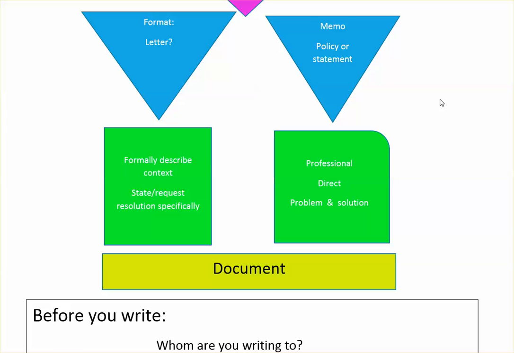It might be that what I really need to do is address my memo to everybody on the second shift that I supervise or everybody in the accounting department or something like that, but it needs to be specific and direct. The first paragraph, much like my business letter, needs to state a shared problem.